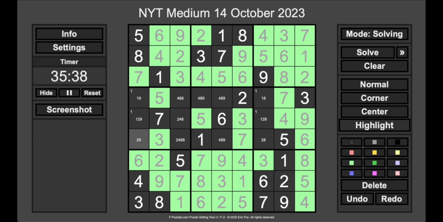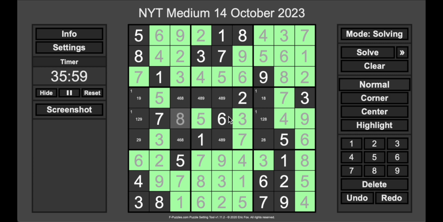That's not 6. This is effectively a 1, 2, 9 triple at the left, I think. So that has the impression of saying these aren't 2, and this is a 4, 6, 8 triple here. Of which that's 8. And now this can't be 6, so that turns into a 4, which makes that 8.